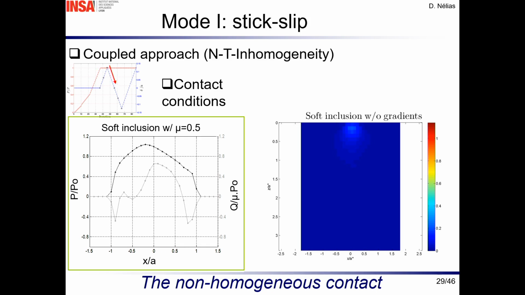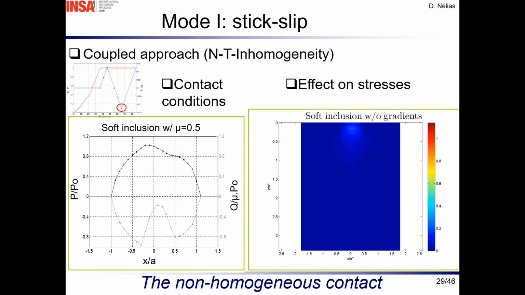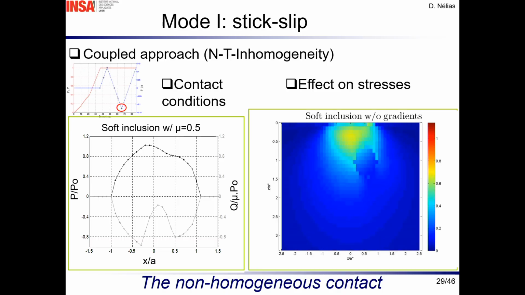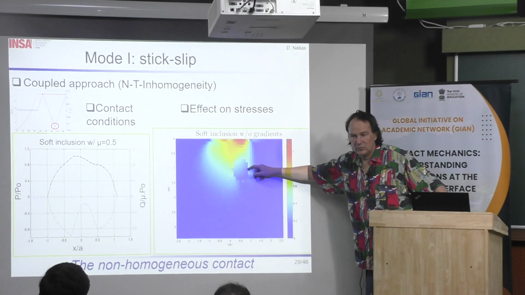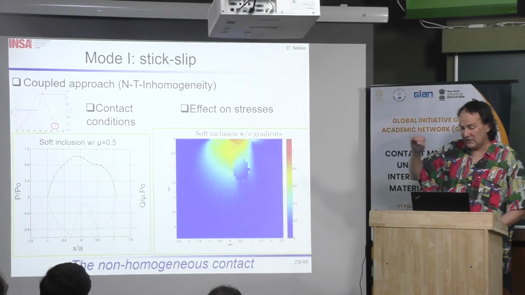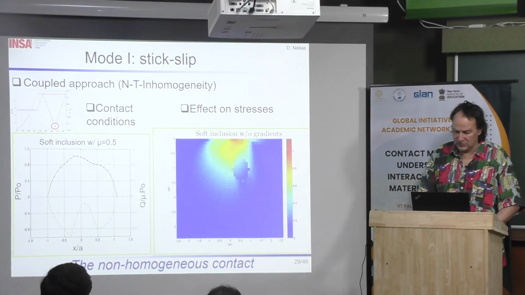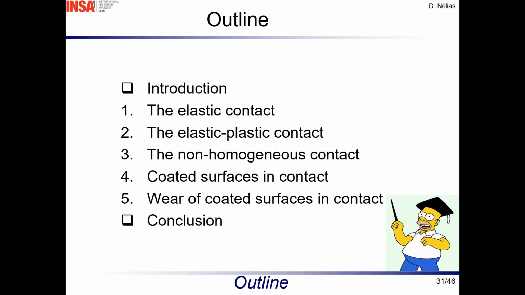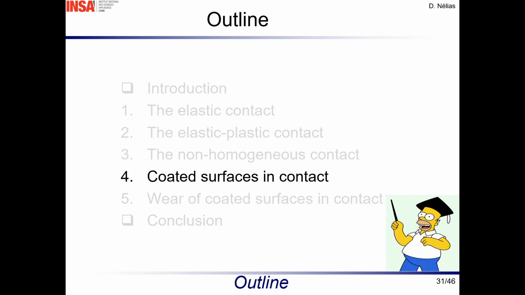This is with different friction coefficients. You can see here the inclusion, for example. Here this is a big inclusion, which is discretized in several small inclusions. But this is not what I wanted to show you.